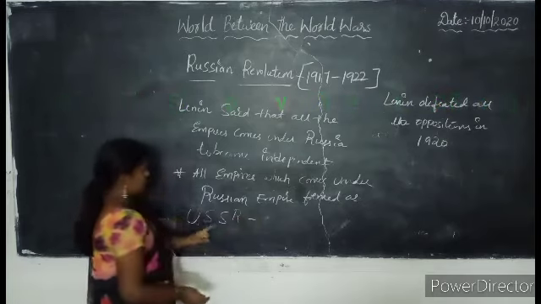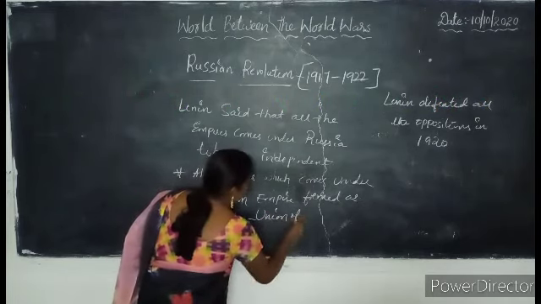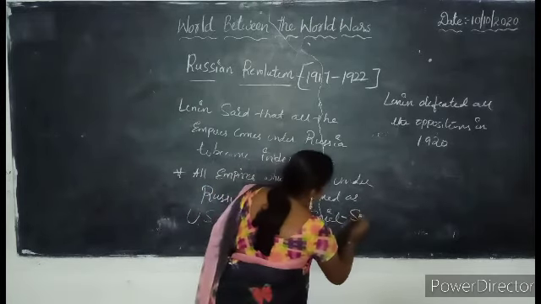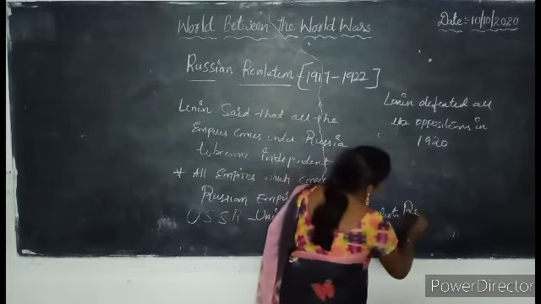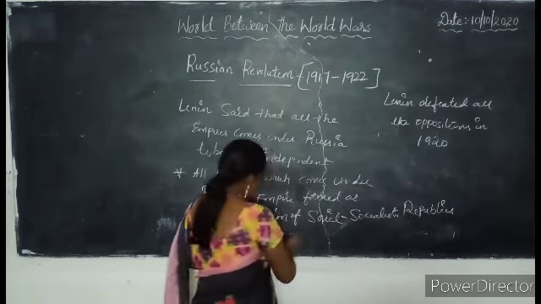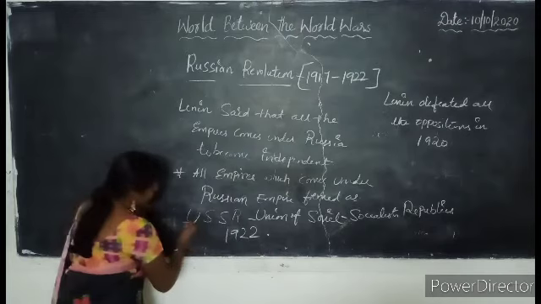What is the expansion of USSR? Union of Soviet Socialist Republics, in the year 1922.